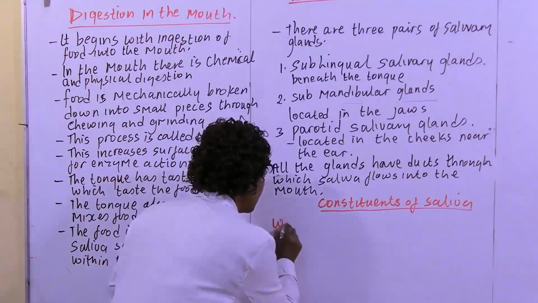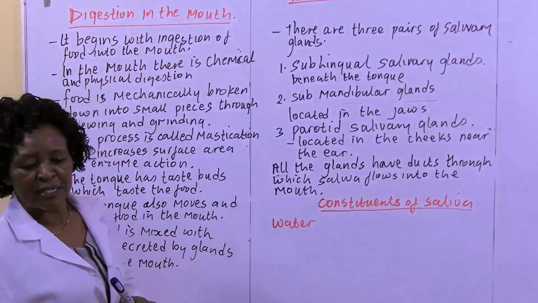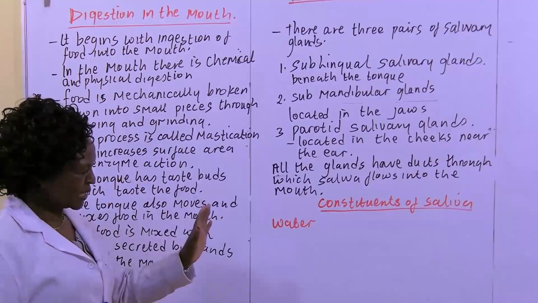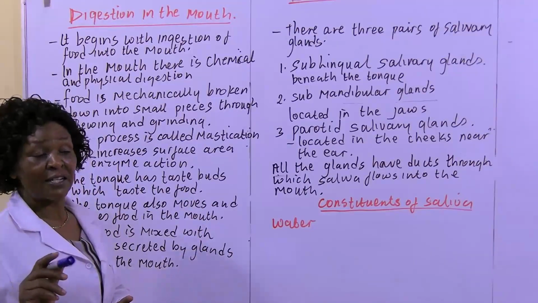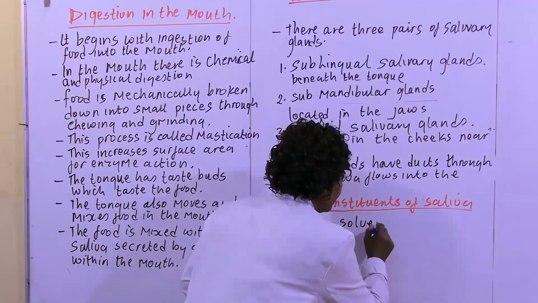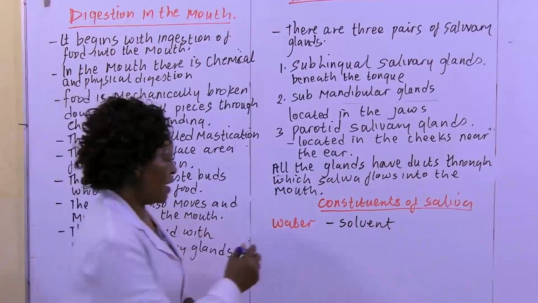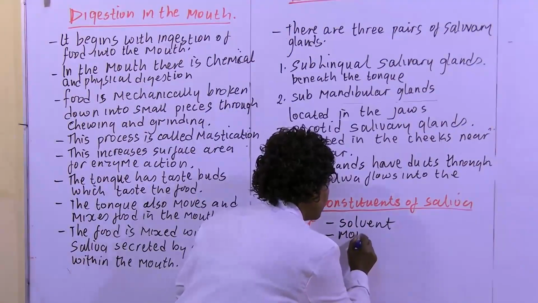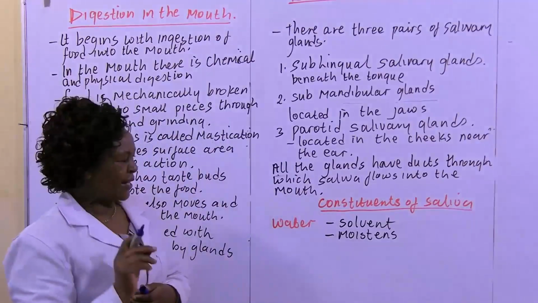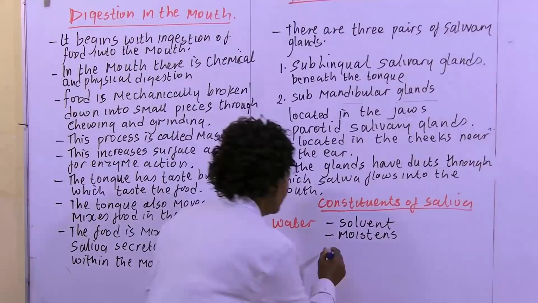One, it contains water. Saliva contains water. It is watery. And what is the function of this water? This water in the saliva acts as a solvent, dissolving the food substances. This saliva also moistens the food, and it also softens the food.